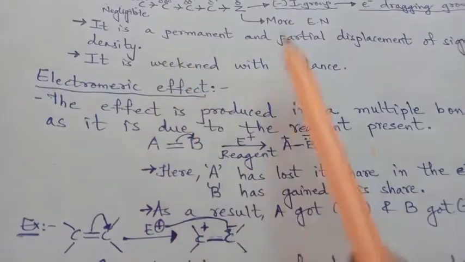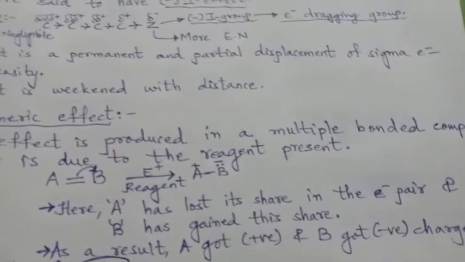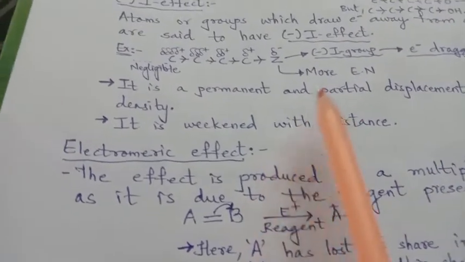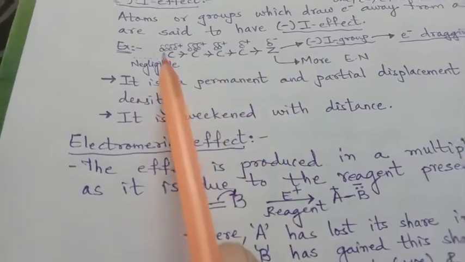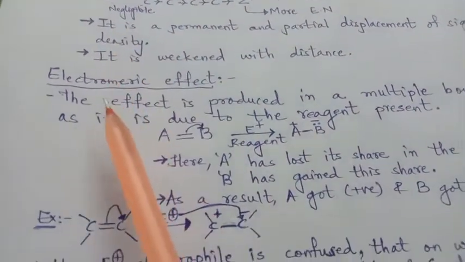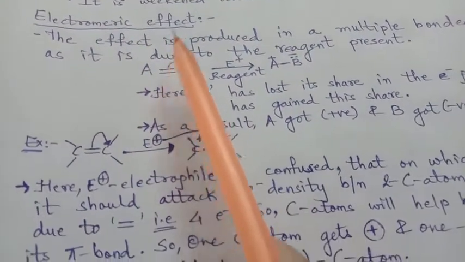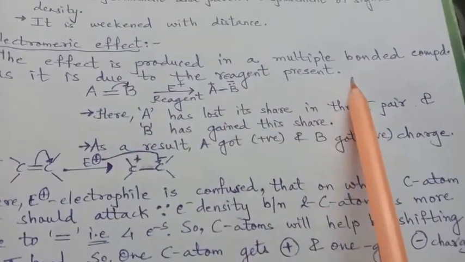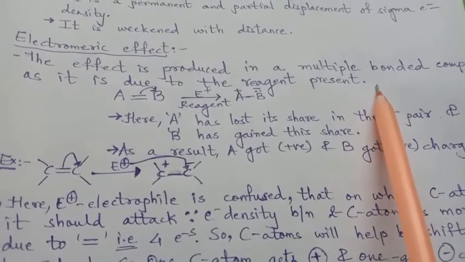So this is a permanent and partial displacement of sigma electron density. It is weakened with distance. Weakened, that means it becomes weaker and weaker as distance increases, right? And the electromeric effect, we know it is temporary. The effect is produced in a multiple bonded compound, double bond, triple bond, right?